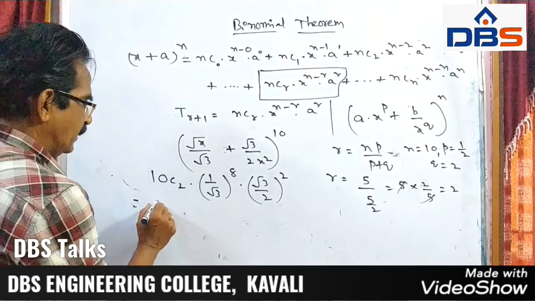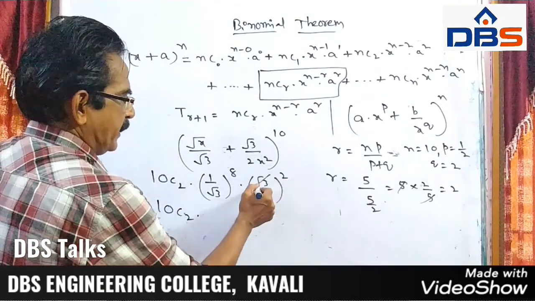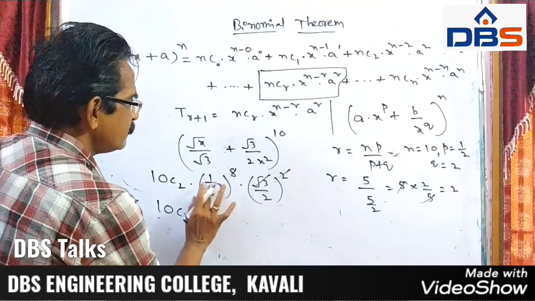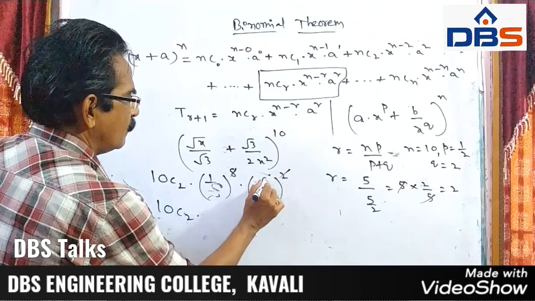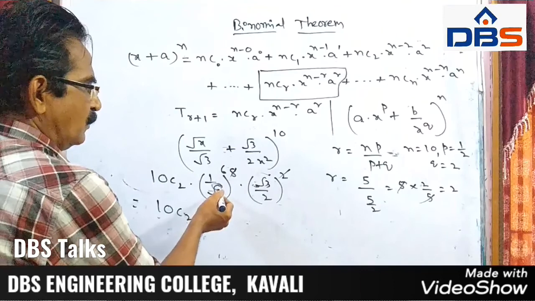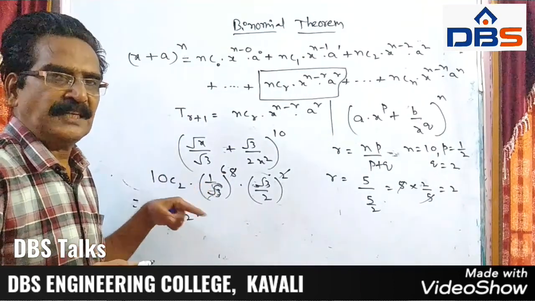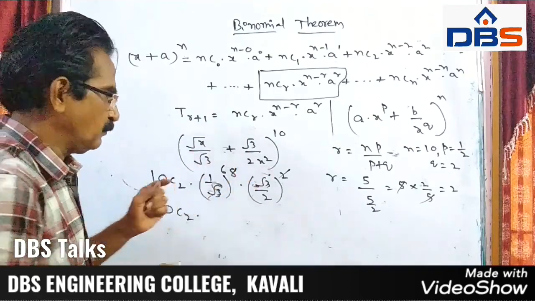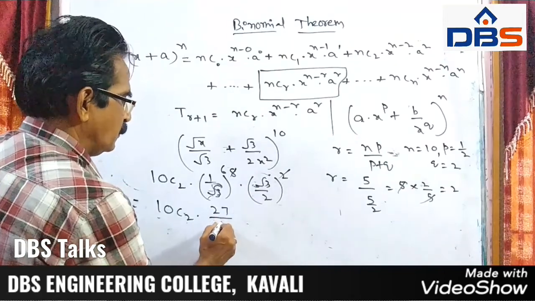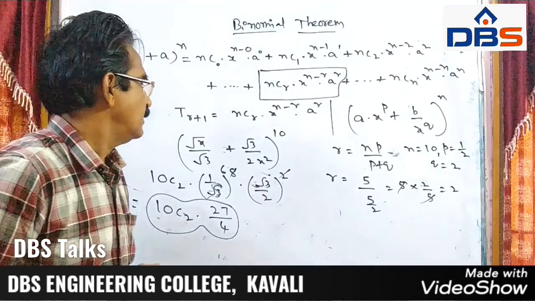This is equal to 10c2 into root 3 whole power 6 will remain, friends. Root 3 whole square is 3, 3 into 3, 27, by 2 square, 4. 10c2 into 27 by 4.